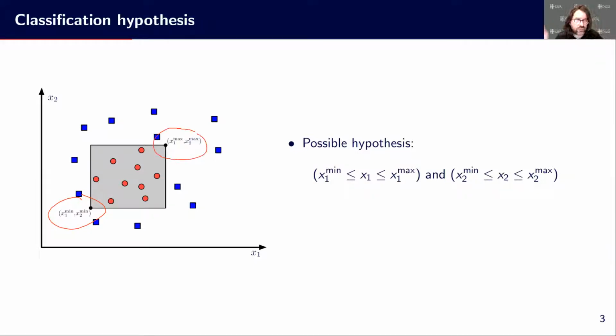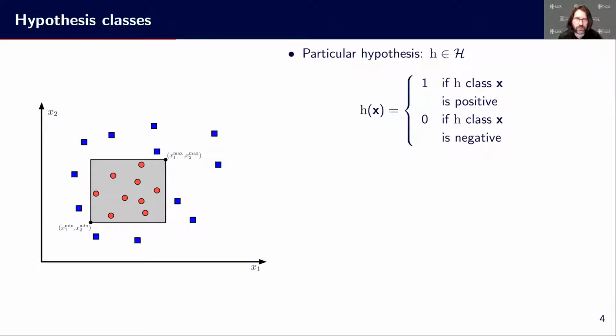With these 4 real values, we are able to define the shape, the type of model hypothesis we are using for our example. So we can say we have some particular hypothesis here, small h, within the space of possible hypotheses, the big H in calligraphic font.